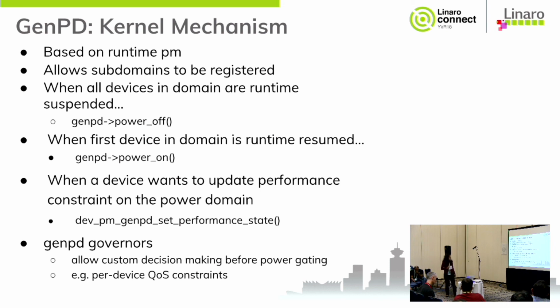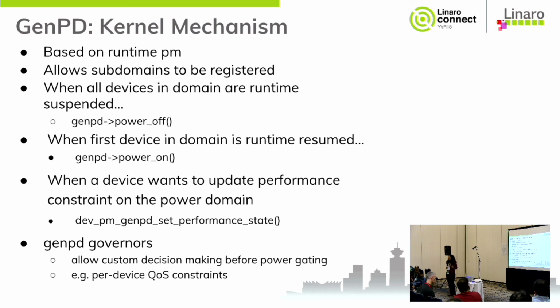So very recently there is a dev PM GenPD set performance state added, where the idea is that power domains can also have multiple performance states associated with them. It can be power levels or even clock levels or however you want to call it. It can be just SOC specific, but devices in that power domain can request for the power domain to be active at a particular level, rather than just saying, okay, power on the domain.